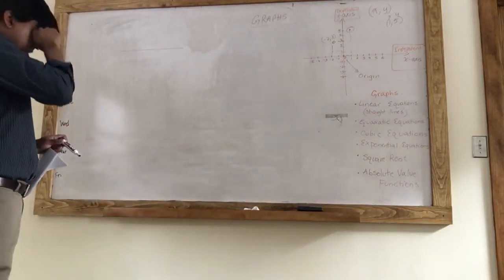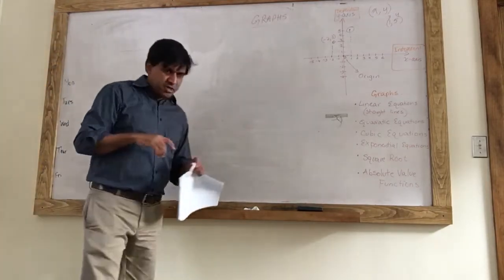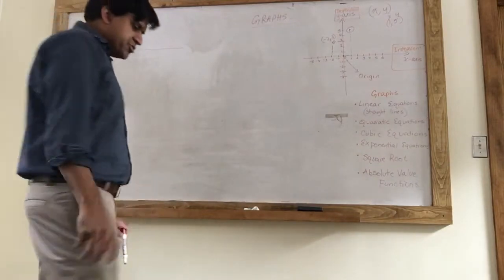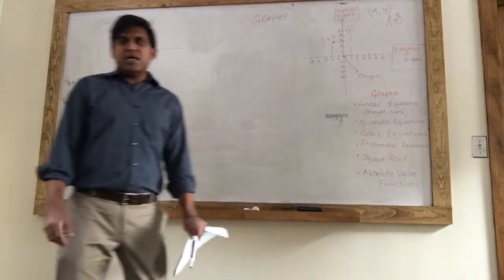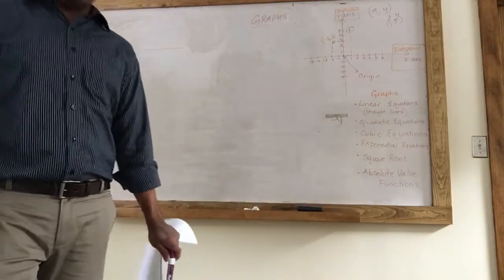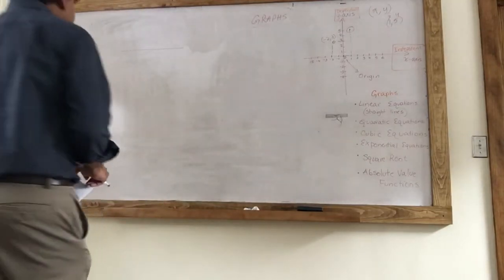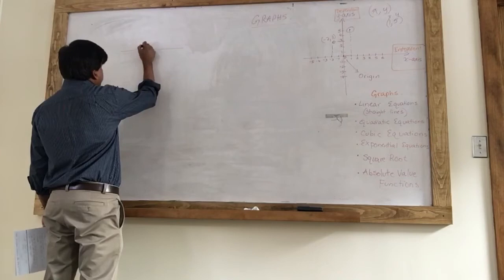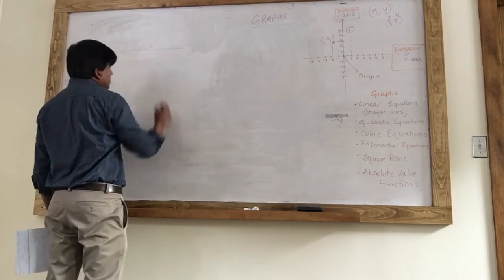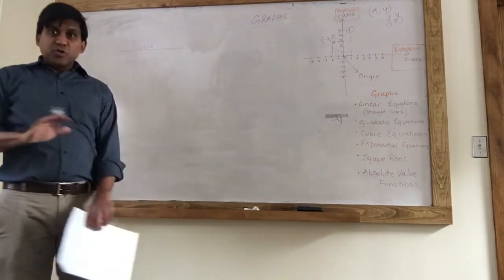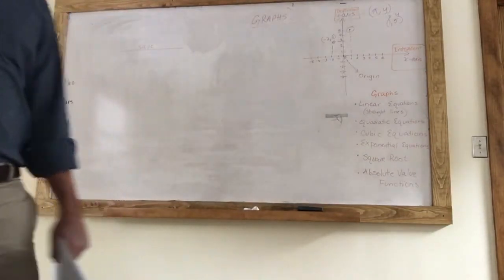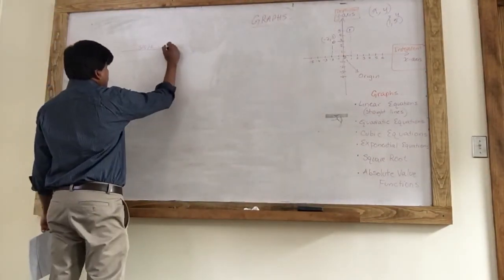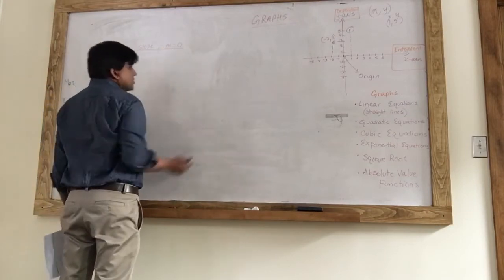Would you say, like when you're walking on normal ground, do you ever say I'm walking on a slope? Like this room, if I'm walking, would I ever say I'm walking up a slope or down a slope? When do we use that? So what is the slope over here? Can I say it has no slope? Right? No slope. So can I say the slope is equal to 0?